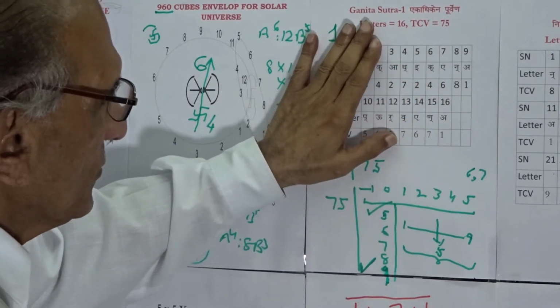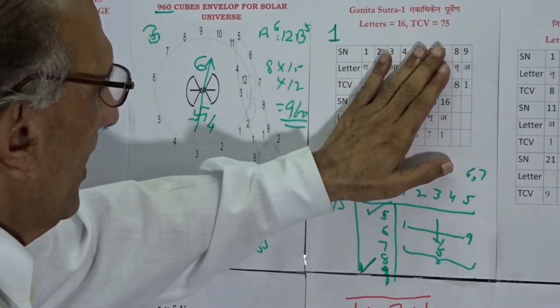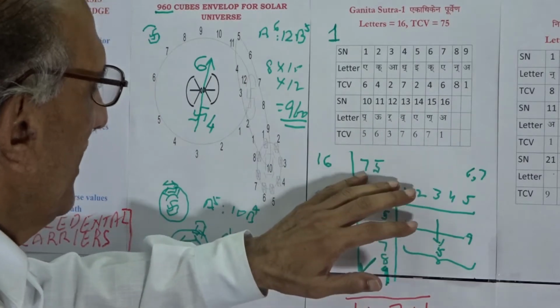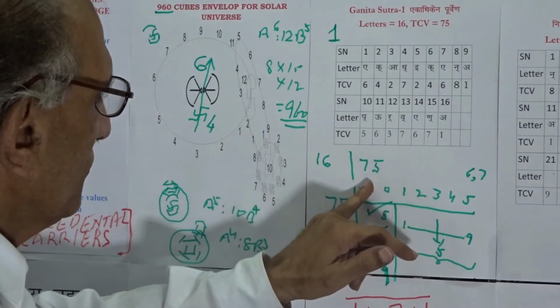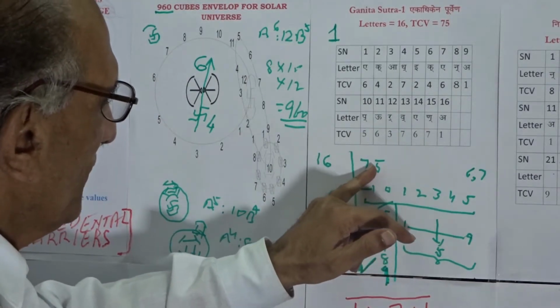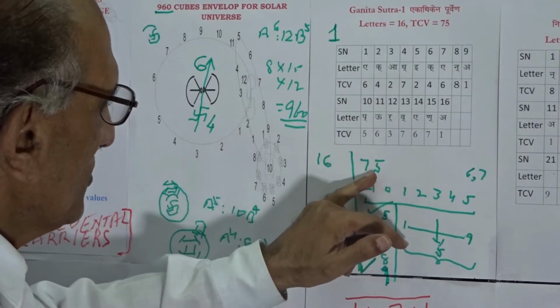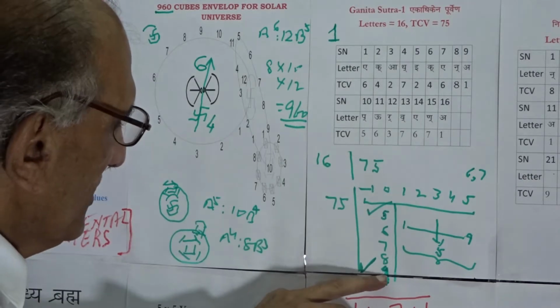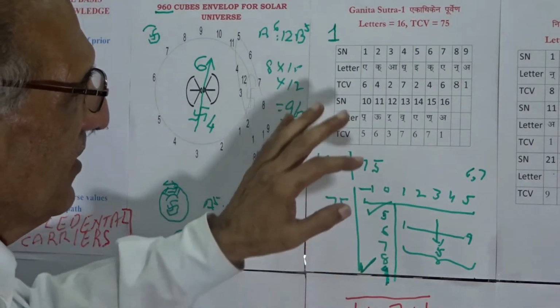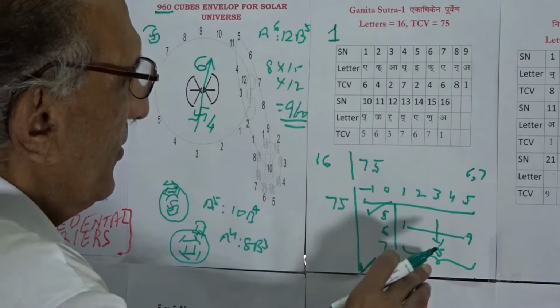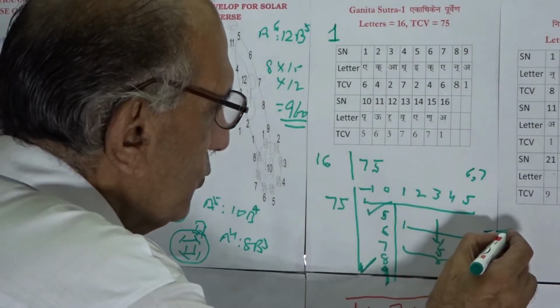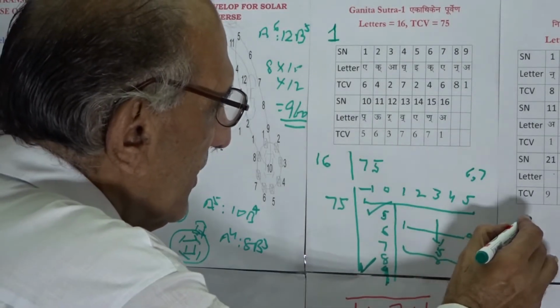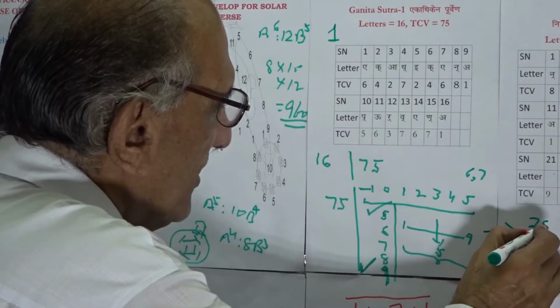Now this Ganita Sutra 1 with a value 75 is parallel to the synthesis of a pair of transcendence ranges of order 5 with a reach at the 9 space as a base. From here, when we transcend ahead to Ganita Sutra 2, it will take us to 28 letters.